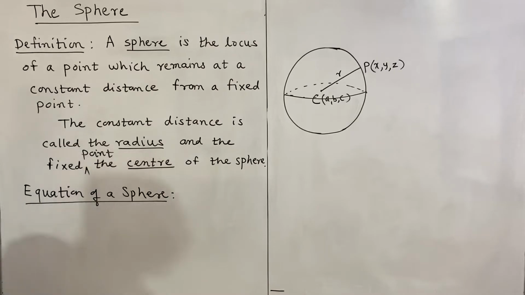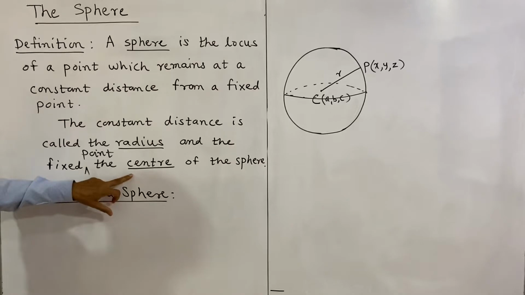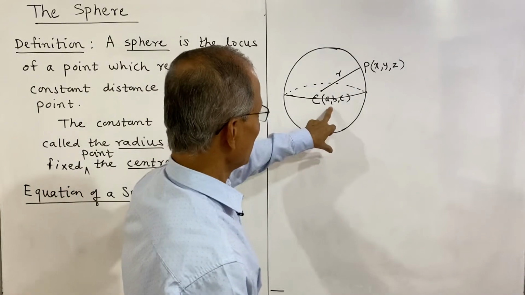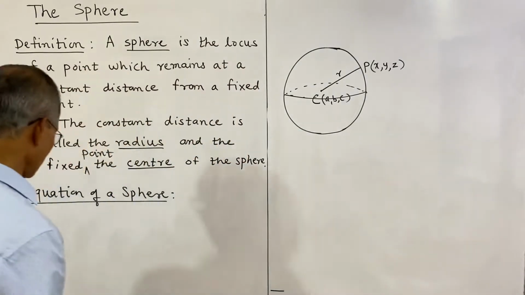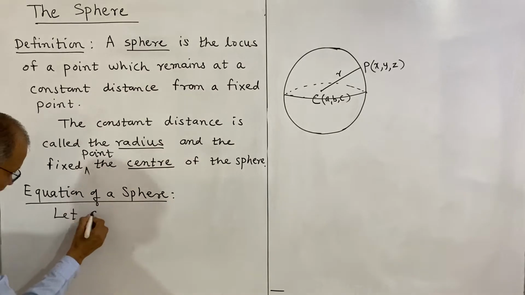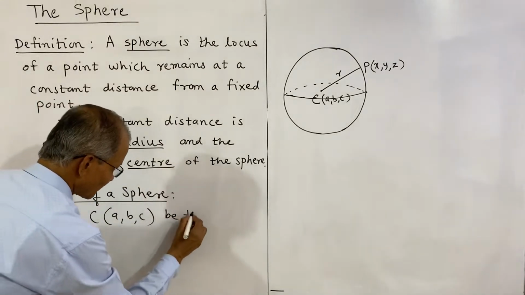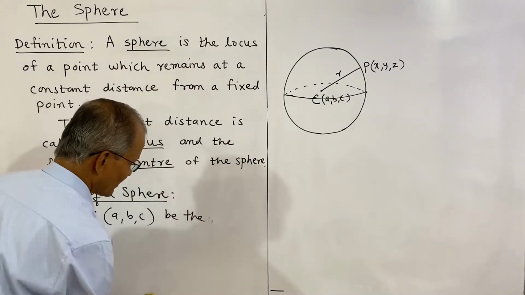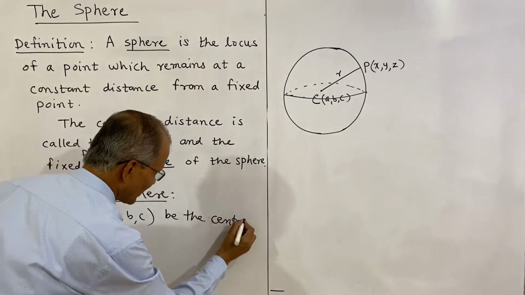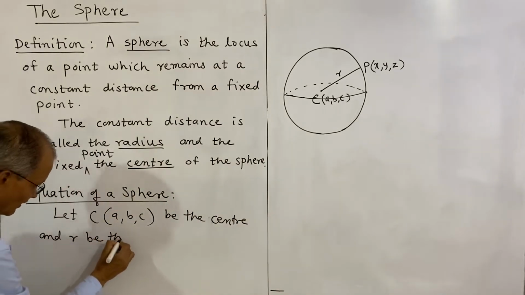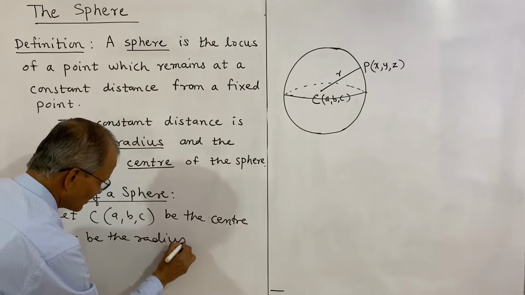For that purpose we have to consider two things, that is the fixed point which is the center, and then the radius. We have denoted the center by C, and the coordinates of the center as a, b, c. So let C(a, b, c) be the center, and R be the radius of the sphere.